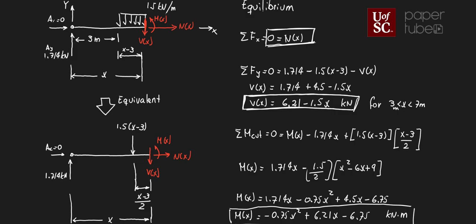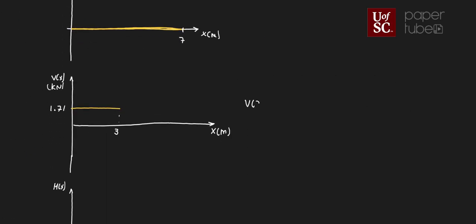So my V at 3, and I did that offline, is 6.21 minus 1.5, and the x is going to be 3. So my V at 3 does give me 1.71 kilonewtons.